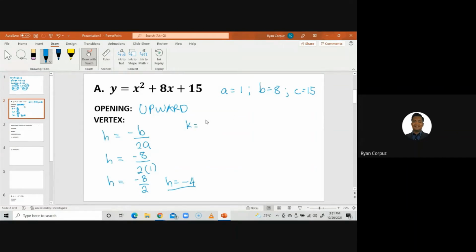So we can make use of the formula K is equal to 4AC minus B squared all over 4A.